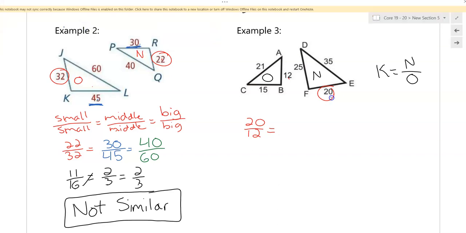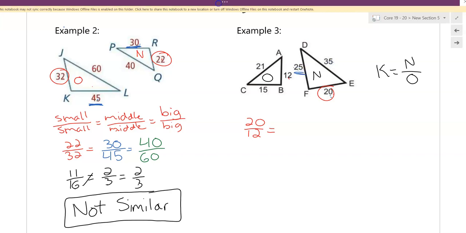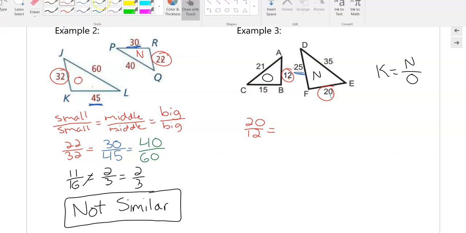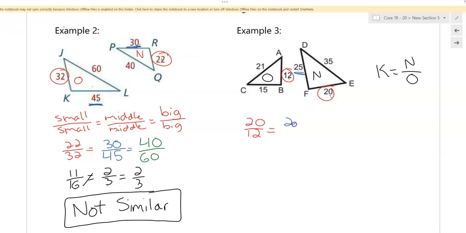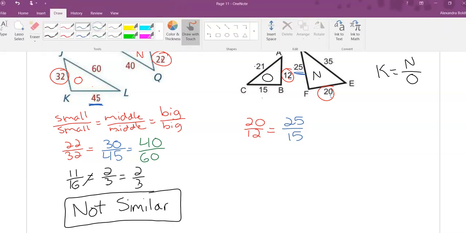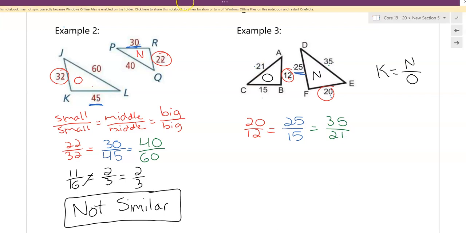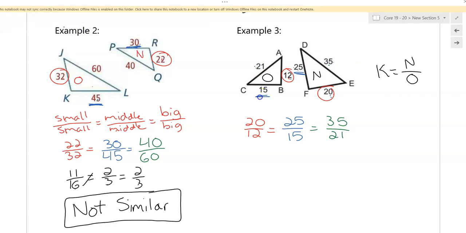Then I have to do my next number, well, 20, 25, 35, right? 25 comes next. Sorry, I forgot to circle the number 12. So that's 25, and then 12, 15, 21, right? So 15 comes next in my order. And then my biggest is 35 and 21.